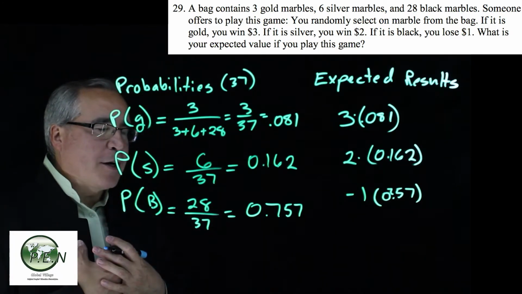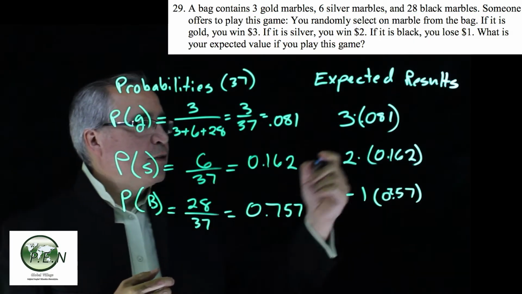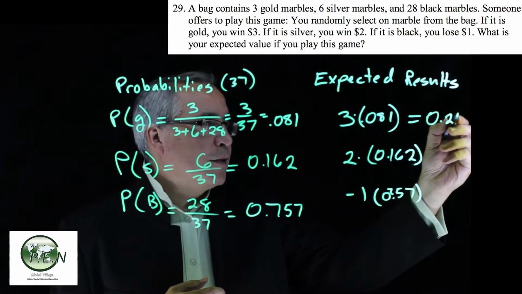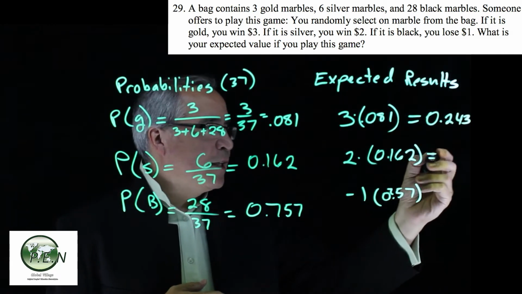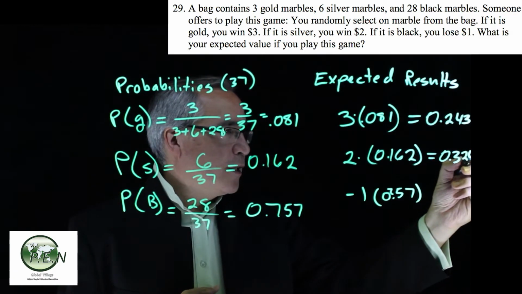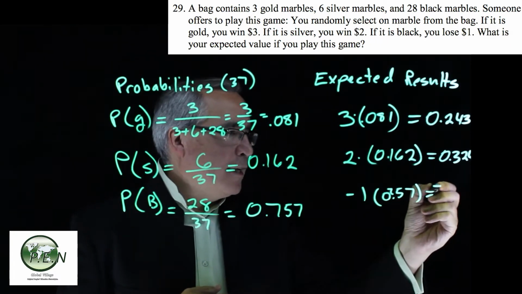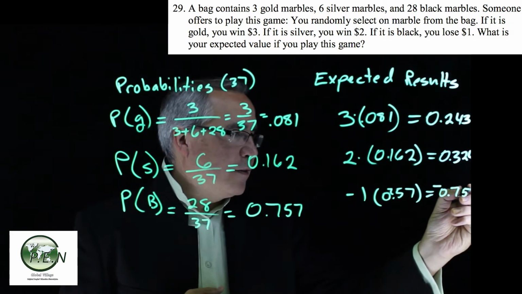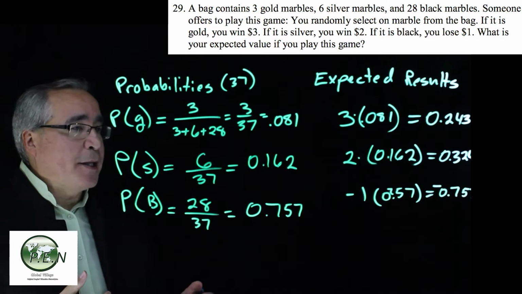So this is all from our perspective, not from our friend who's going to have to pay it out. So we do the multiplication here, and we get that we would get 24 cents. Here we get 0.324, and here we get a negative number, 0.757.